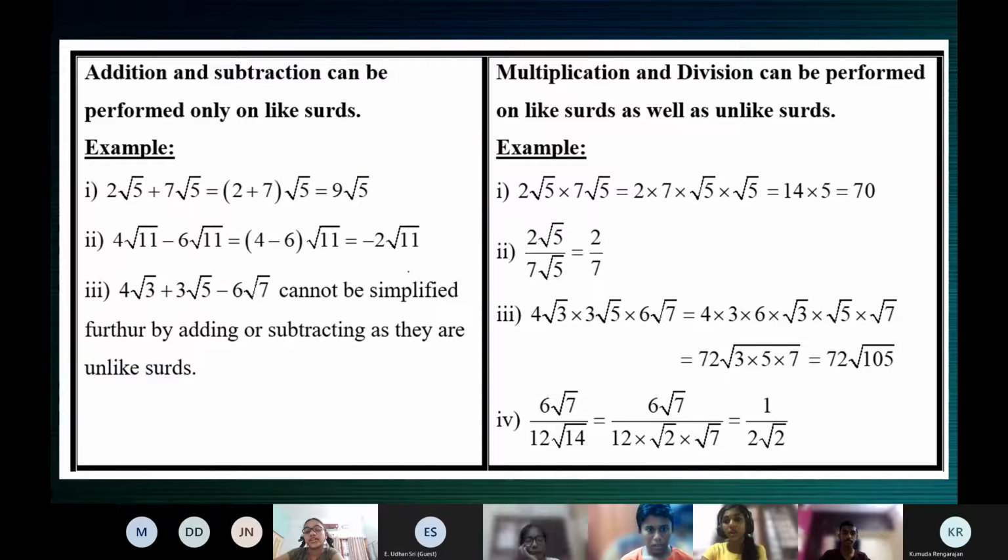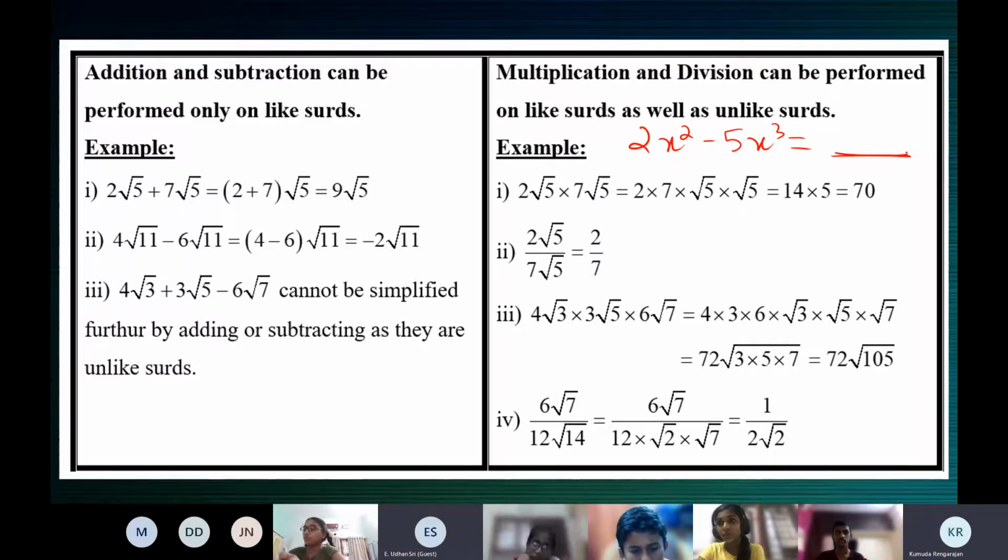Now tell me, what is 2x squared minus 5x cubed? What is the result? Ma'am, 3x power 5. Anybody else wants to share the answer for this?